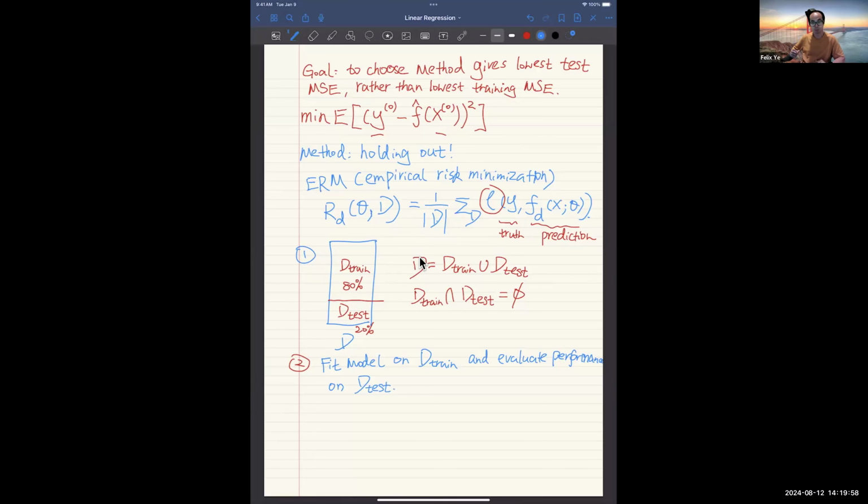Okay. And what does that actually mean? We are going to compute some things. The first part, I will call it A, is to fit the models on D train.